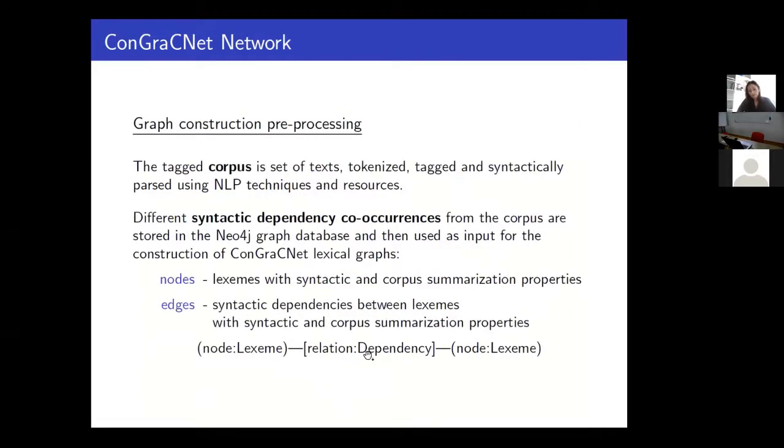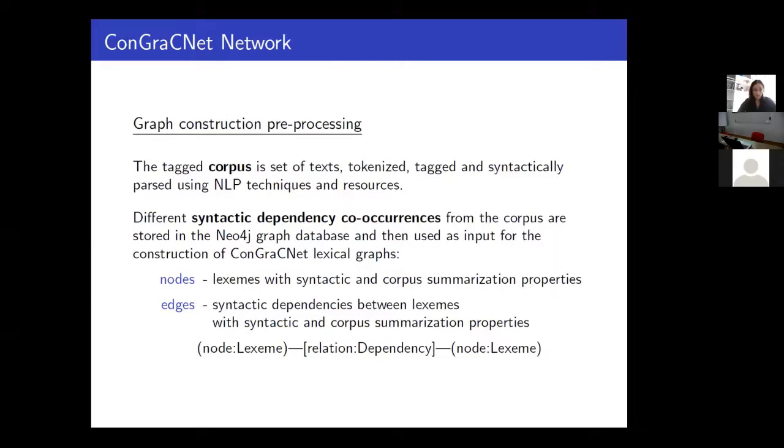What we do, and what Ben has already explained, is we use a tagged corpus and then apply NLP techniques and focus on some syntactic dependencies. So that's how the words are related, how the words appear in text with which relations, and we represent that with a graph, where the nodes are lexemes, and the edges represent those syntactic dependencies.